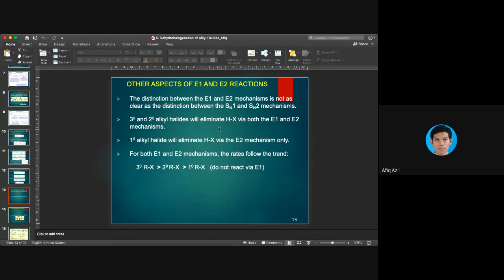It's not easily distinguishable like in substitution reactions. Okay, primary alkyl halide will eliminate the hydrogen and halogen only via E2 mechanism only.